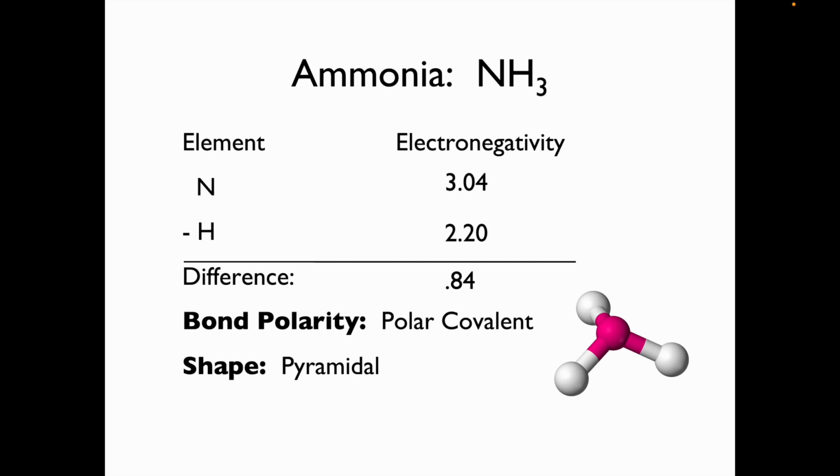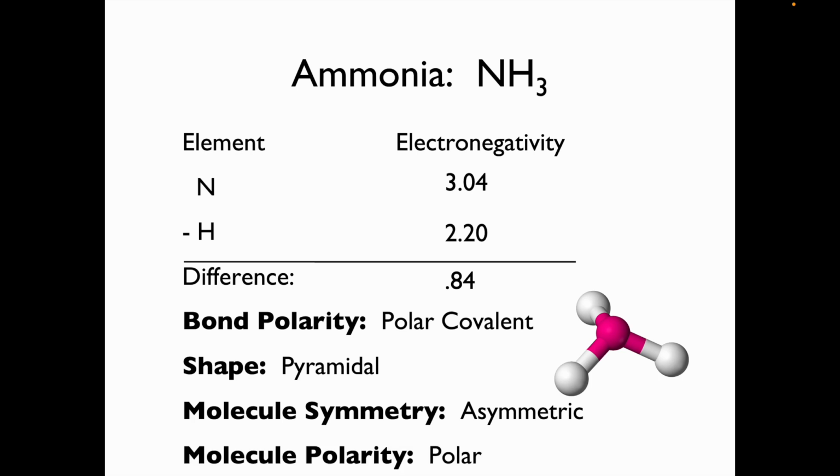We can see that the bonds aren't distributed evenly in all directions. So that means this is an asymmetric molecule. Again, asymmetric molecules are going to have a molecular polarity that is polar. So this is an example where we had polar covalent bonds and a polar molecule because it was an asymmetric shape.